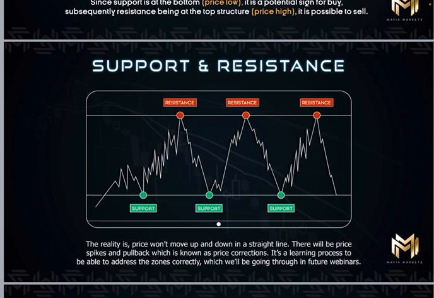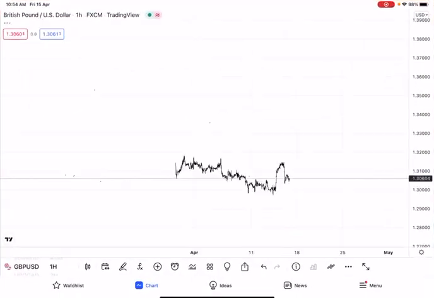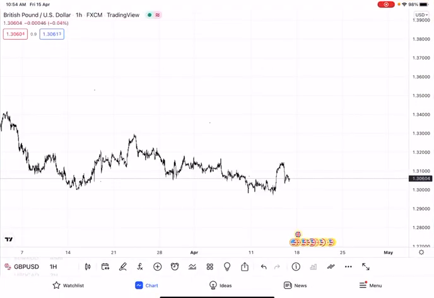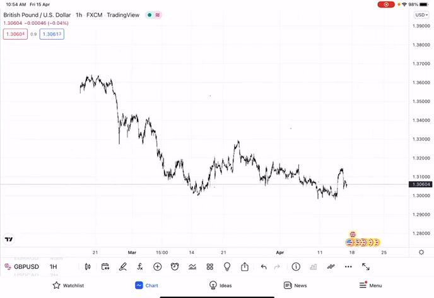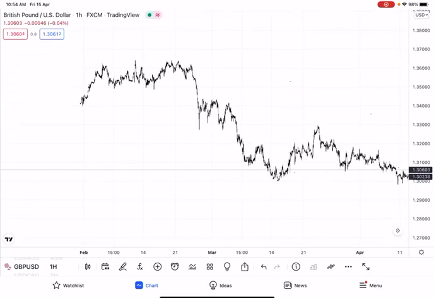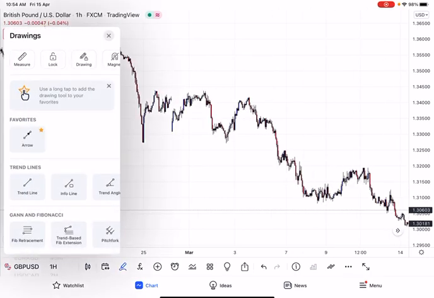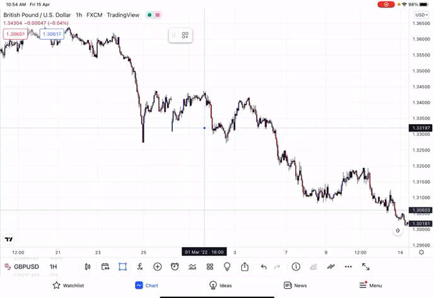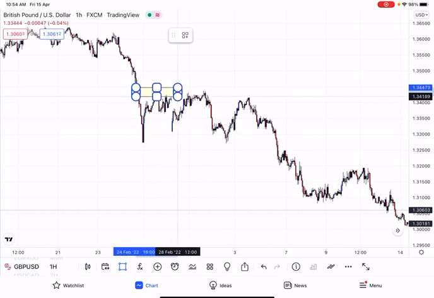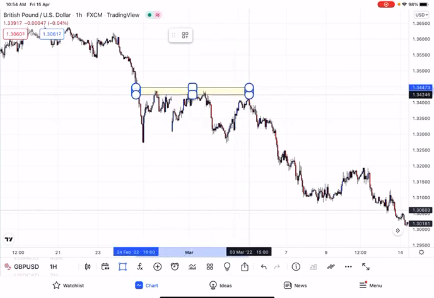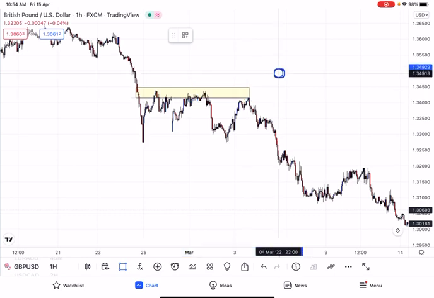Let's have a look at the chart, shall we? So, okay, we have British pound to US dollar. Where would the support and resistance be as an example? All right. For example, let me just draw the zone for you. 1, 2, 3, 4, and 5 as well. This would be your resistance.